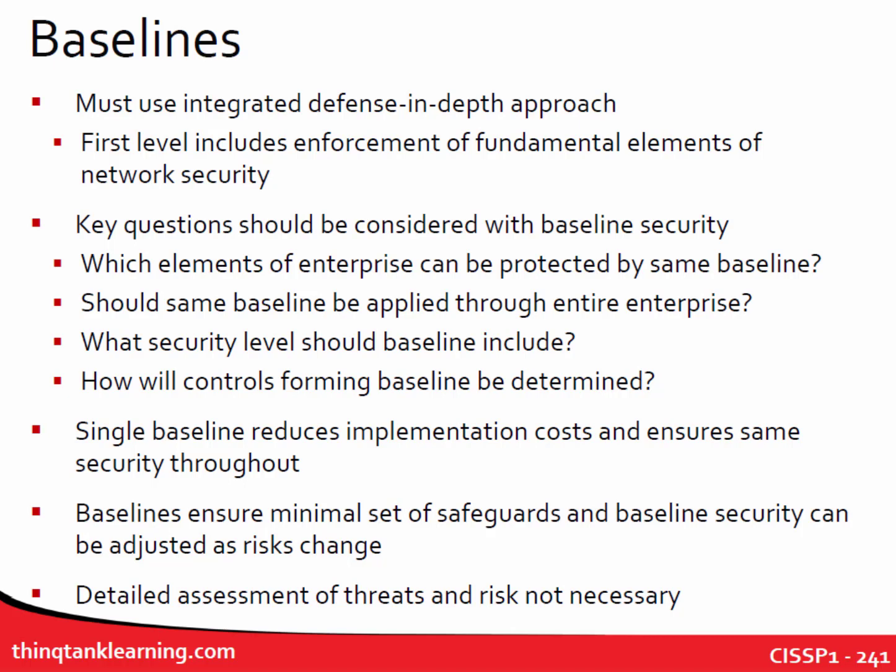If one perimeter or one defense mechanism gets compromised, we have other defense mechanisms that provide us adequate protection for the elements that we're trying to protect. Typically, the first level of defense is going to be some rudimentary enforcement function that would require basic authentication and identification, but then additional layers would maybe provide kind of more sophisticated methods of encryption.